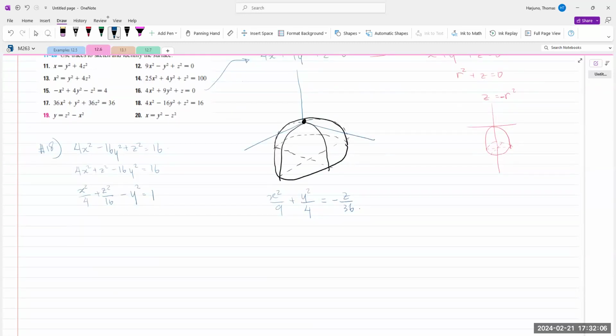Now the prototype of this, now I go to the prototype. This actually looks like this as the basic shape.